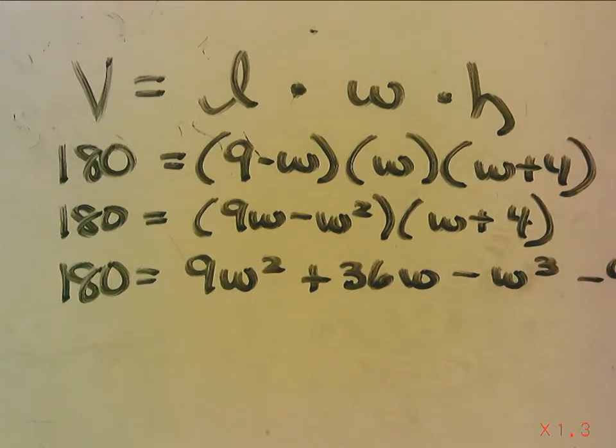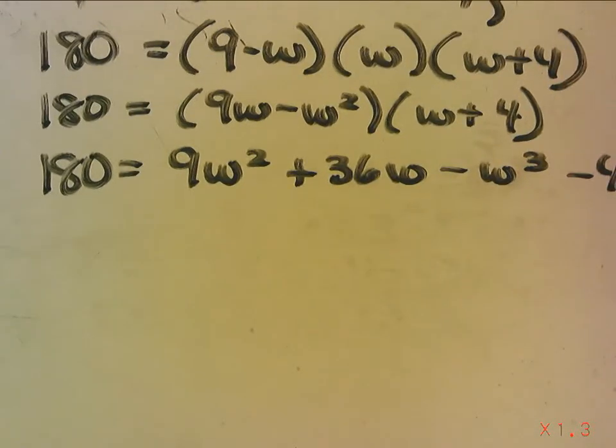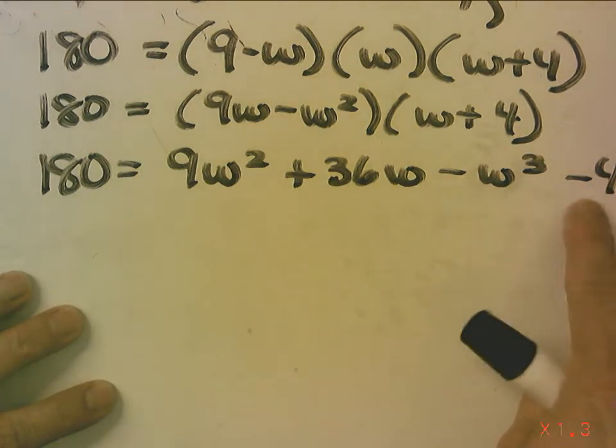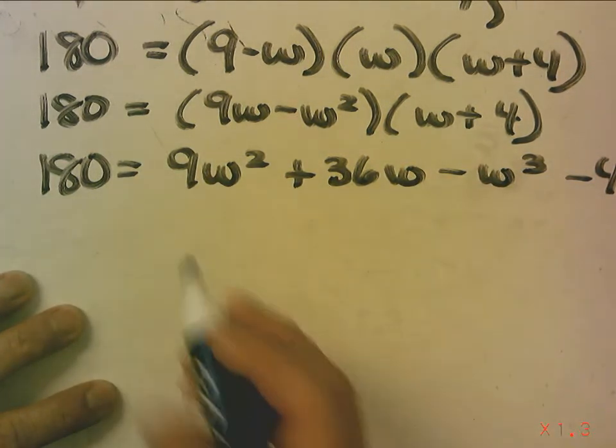Okay? And now I have to set everything equal to 0. Right? Combine my like terms and set everything equal to 0.